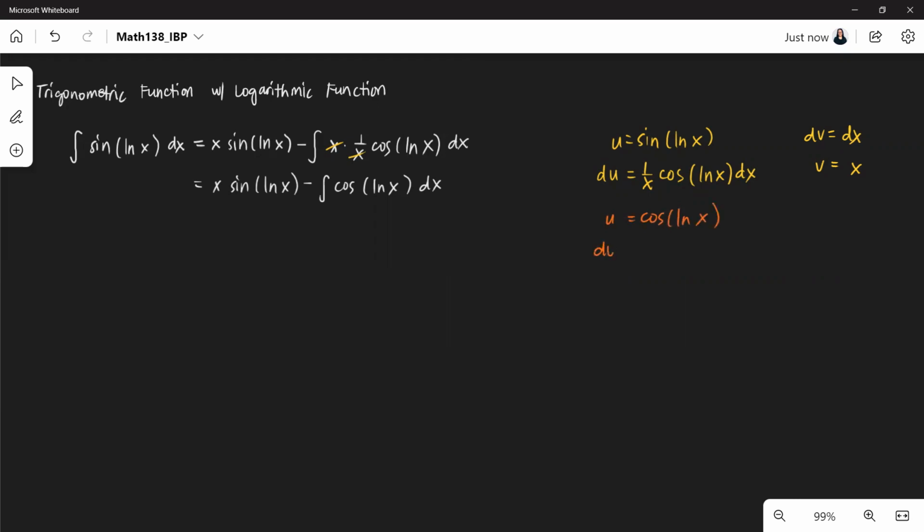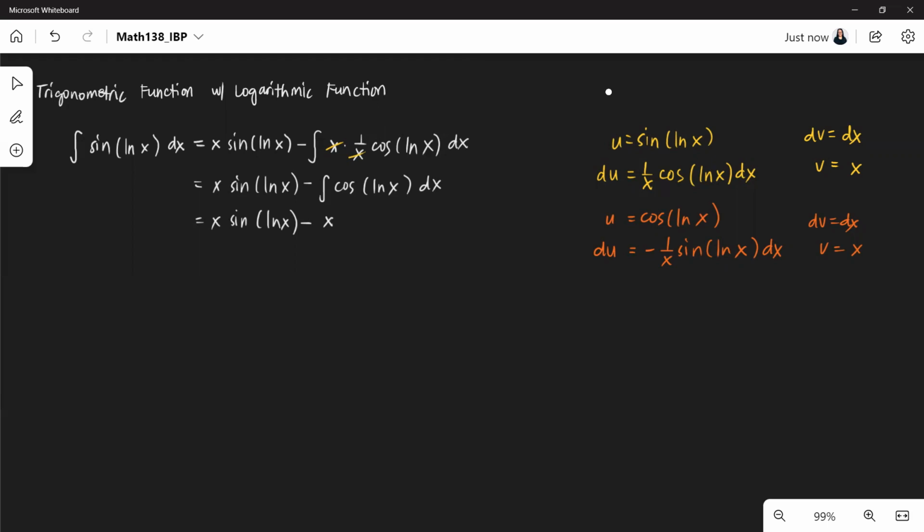Its derivative is negative 1 over x sine of ln of x dx. And dv is dx and v is x. So for the integral of the second term, we have u times v, that's cosine of ln of x times x, or x cosine of ln of x.